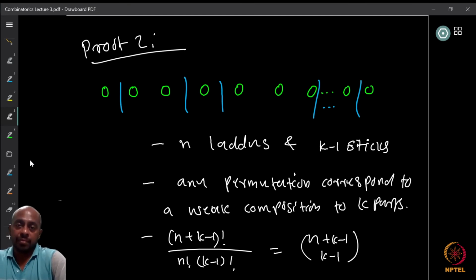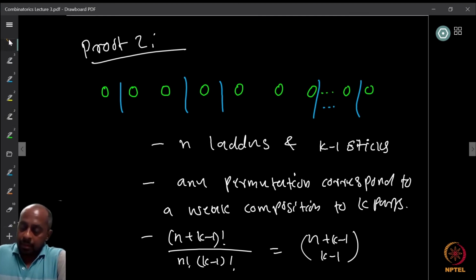So you keep your n laddus here. The laddus are here, this one, this one, this one, etc. All the n laddus are kept here. Now once these laddus are kept, we separate the laddus by putting some markers or sticks in between them.